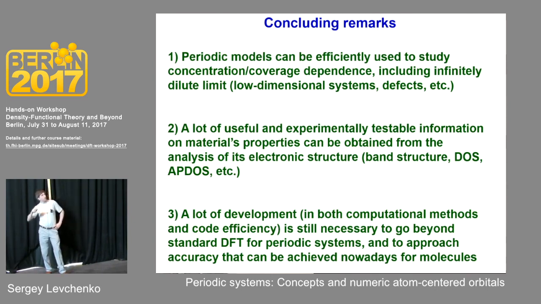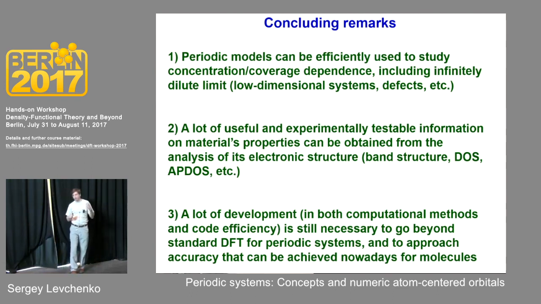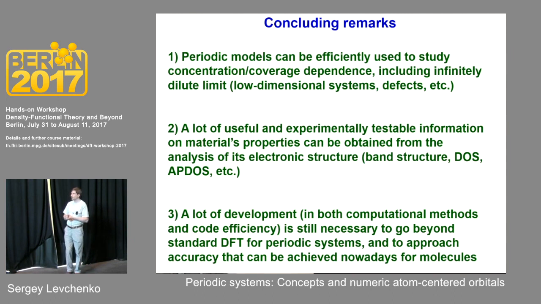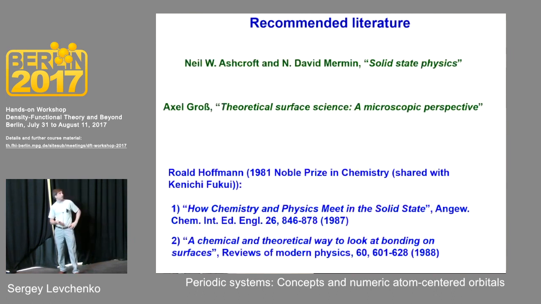There is a lot of useful and experimentally testable information on materials' properties that can be obtained from analysis of its electronic structure, such as band structure, density of states, atom projected density of states. And as you already learned and will learn further, there is still a lot of development that we need to do to accurately calculate the electronic structure of solids. And here you can see some literature, and thank you for your attention.